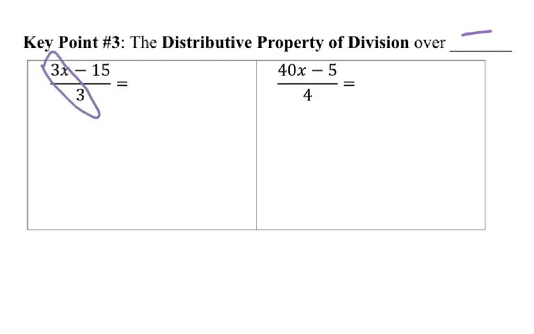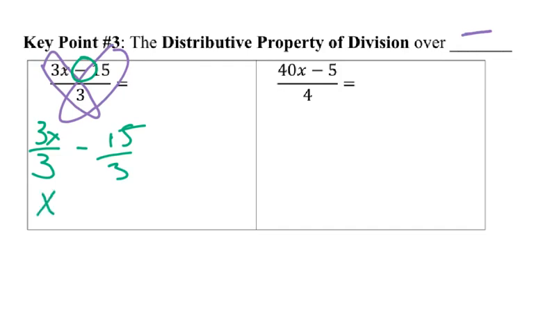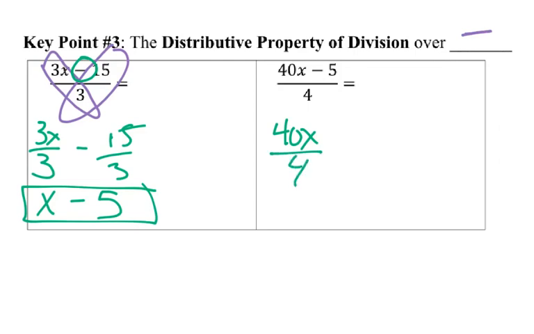We are going to divide these terms, we are going to divide these terms, and there will be a subtraction sign in the middle. 3x divided by 3 minus 15 divided by 3 leaves you with 1x, and I don't need to write the numeric coefficient of 1 because I can count right there that that is 1x, minus 5. Final answer right there. This I can rewrite as 40x divided by 4 minus 5 divided by 4.